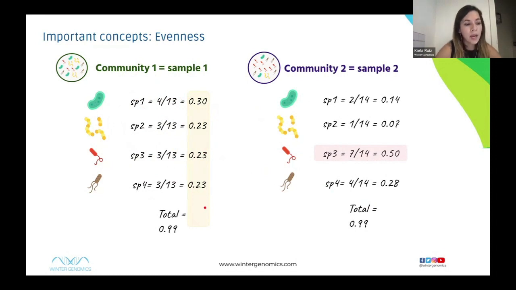But if the proportions aren't similar, as we can see here in community number 2, where species number 3 is pretty dominant, it implies that this species dominates the community and there is no equal distribution.